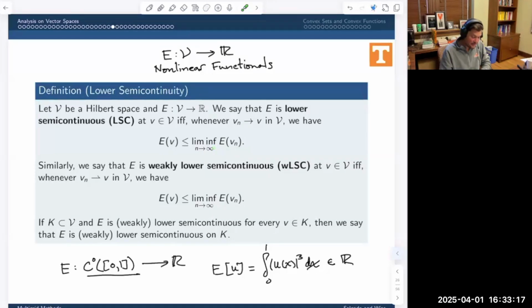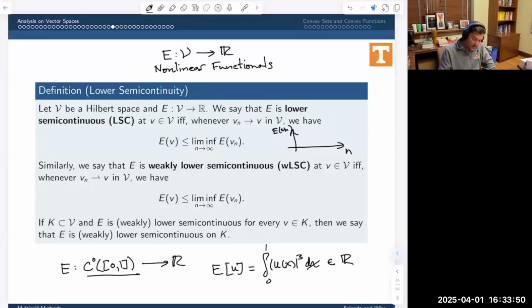So what is the lim inf? Remember, for sequences, a bounded sequence doesn't necessarily have a limit. Now, Vn is one sequence. What happens whenever we apply E to Vn? That is also going to give us a sequence of real numbers.